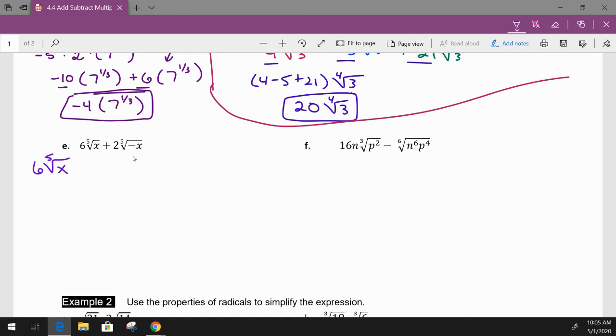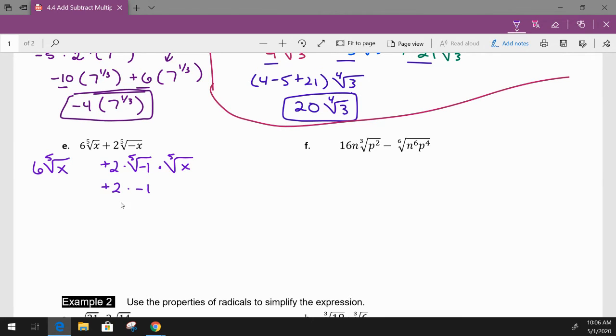But the second term here is a little bit more interesting. This fifth root of -x, we can factor into a fifth root of -1 times a fifth root of x. And then you have this positive 2 in front. So the fifth root of -1, you can take negative numbers to an odd root. The fifth root of, or any odd root of -1 is -1.